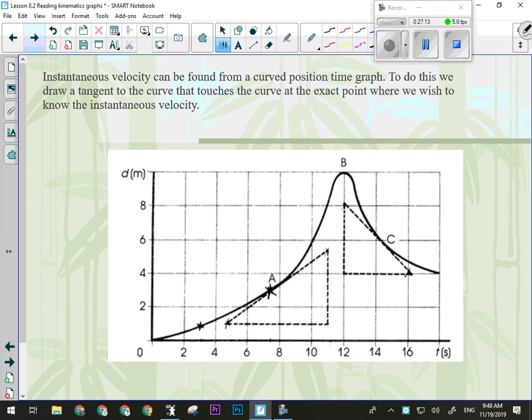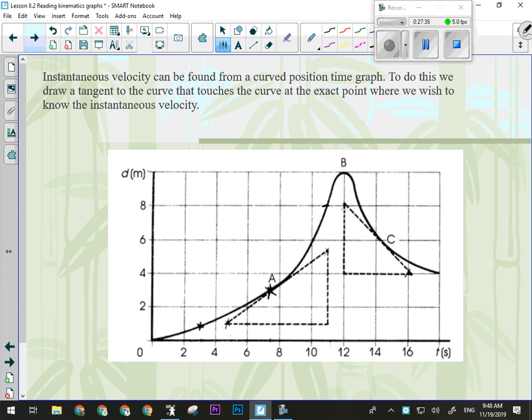Now, when we get to about here, that changes. Now the object isn't accelerating forwards anymore. Now the object's accelerating. How do we know that? It starts to slow down and eventually starts going backwards.